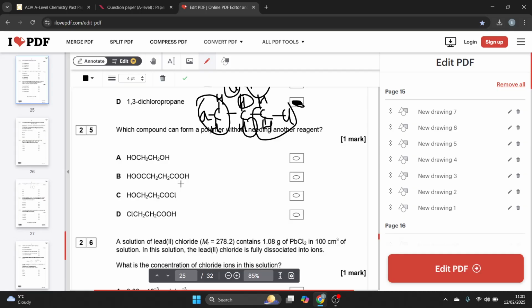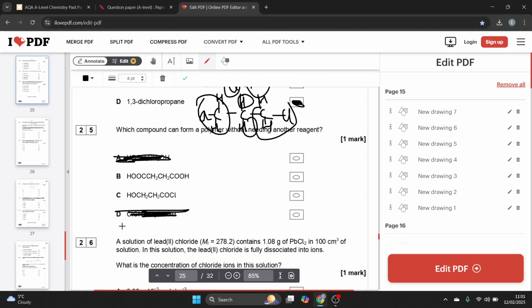Without needing another reagent, so it's definitely not going to be D. Definitely not A, because A has just two OH groups, so that can definitely not form a polymer without needing another reagent.